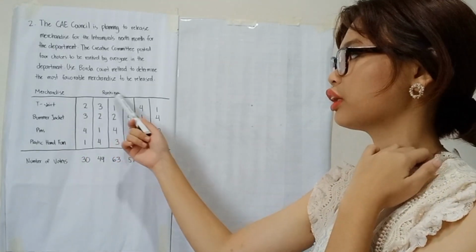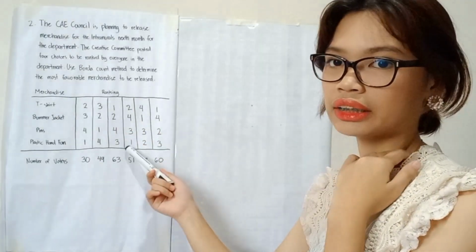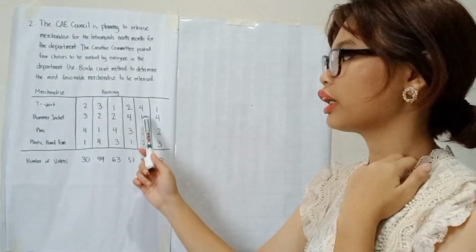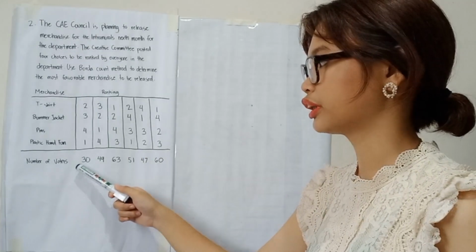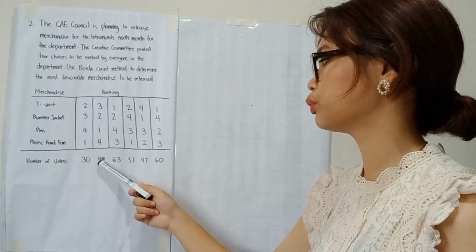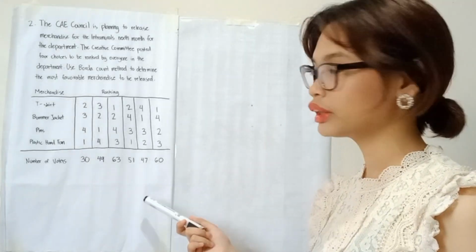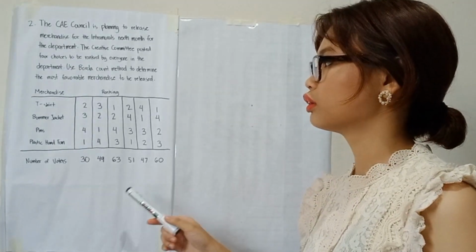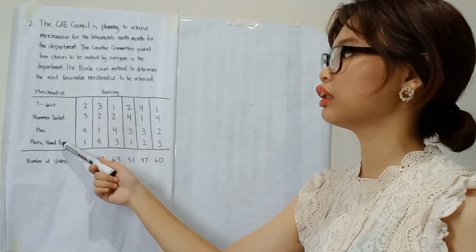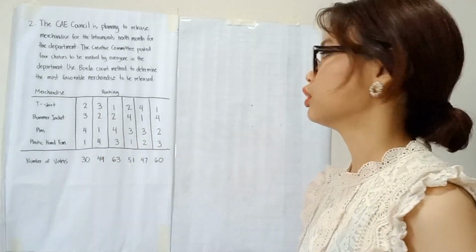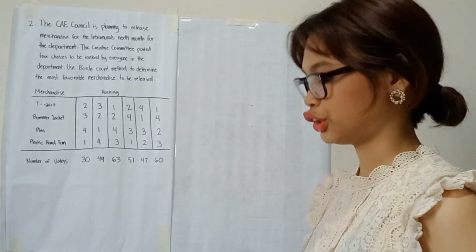So next here on the right side we have their rankings, from the number of voters. So we have here 6 groups of voters who ranked the candidates. So first we have the t-shirt.